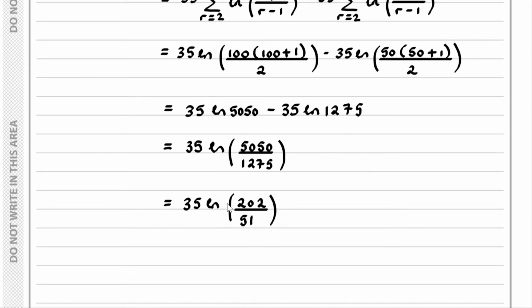So this is our final answer. And so what we can conclude from here then, a equals 35, b is equal to 202, and c equals 51.